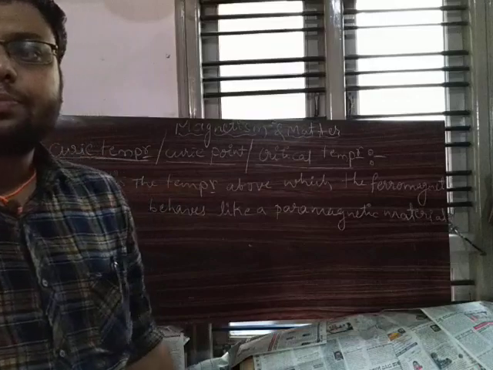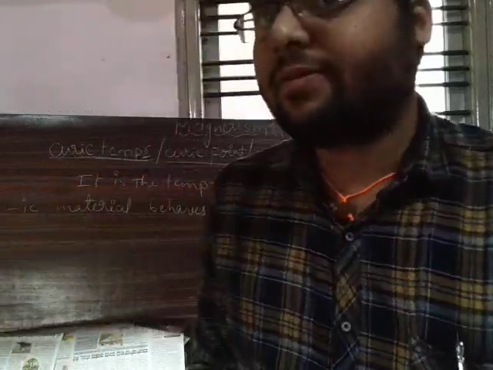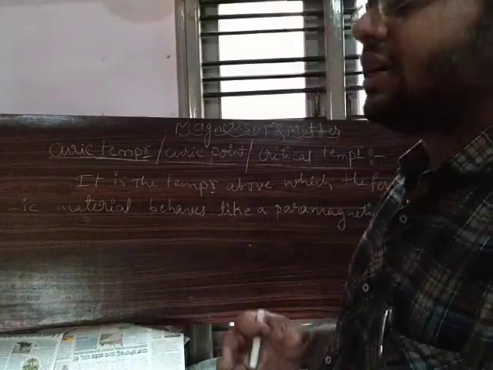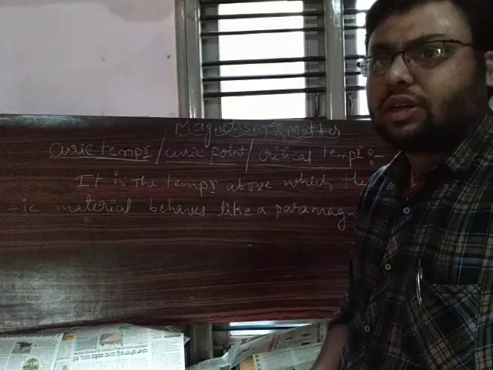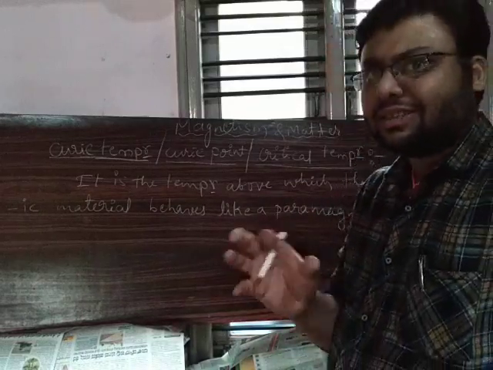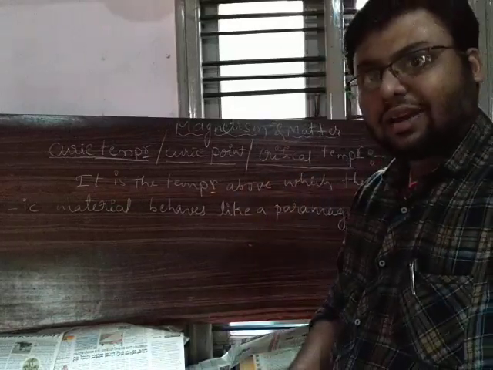Why is it so? Look here, we have already studied the reason for ferromagnetism. There we studied the domain structure. Domain structure means a group of atoms having the same directional alignment.